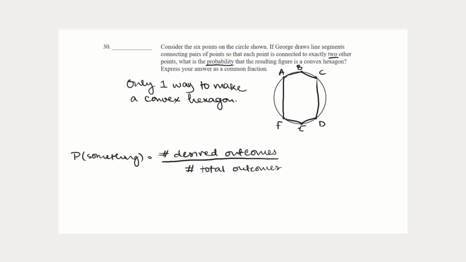So how would we calculate that? Well, let's start with point A. How many ways are there to connect A to 2 other points?